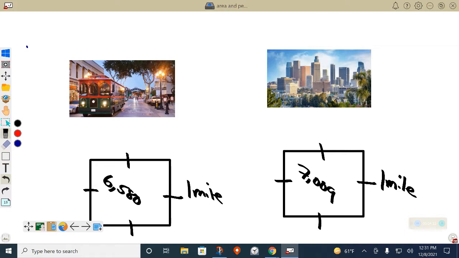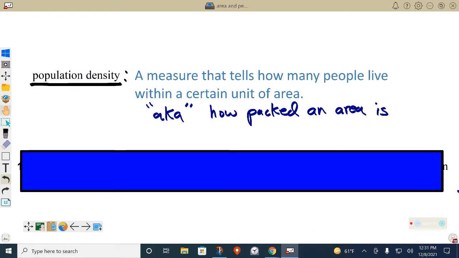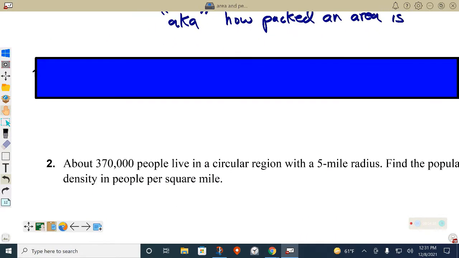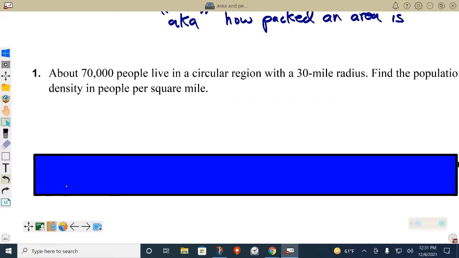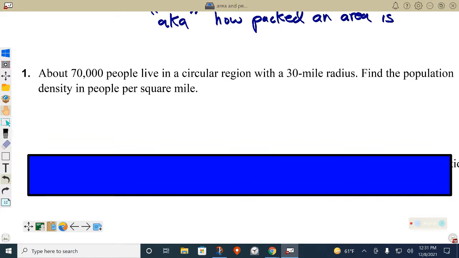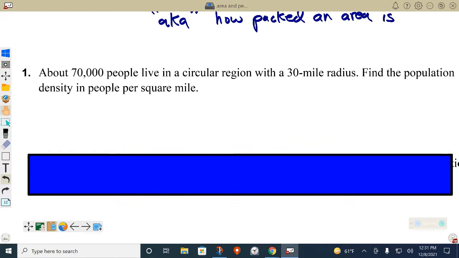So let me go ahead and give you one example of how to calculate population density. It's so easy. Here we go. Example 1 is right here. Actually, we'll do two quick ones, not just one.